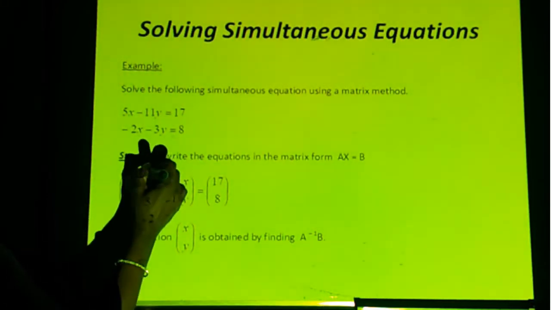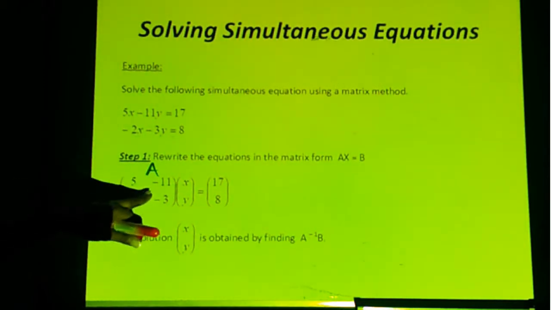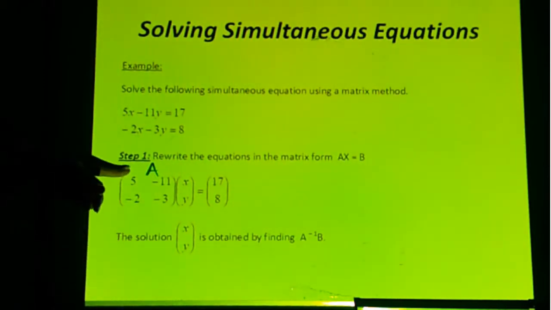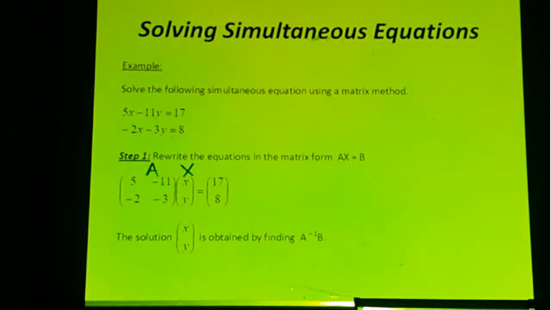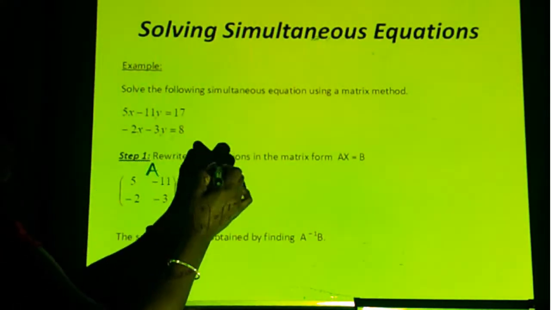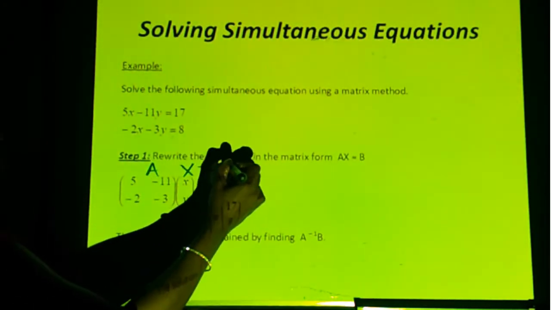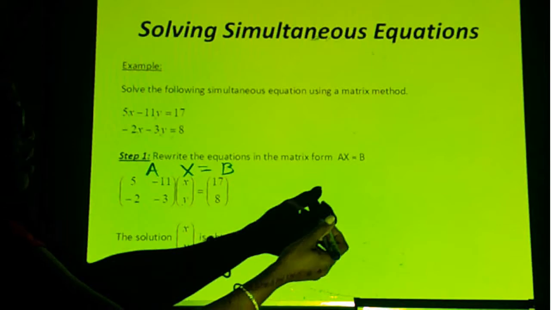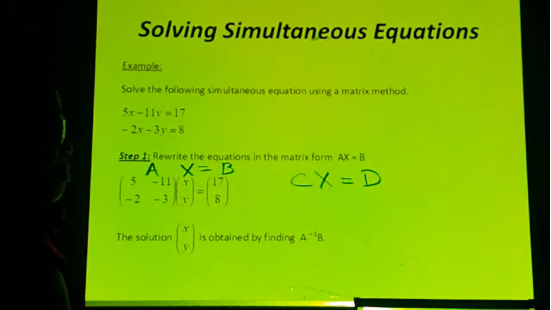So this is the first matrix here, 5, -2, -11, -3, called matrix A. The variable is called X. And the 2 by 1 matrix after the equal sign is called B. Now, on some CSEC papers, you see CX equals D. It means the same thing.